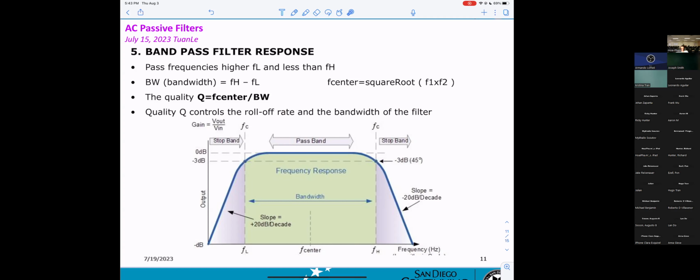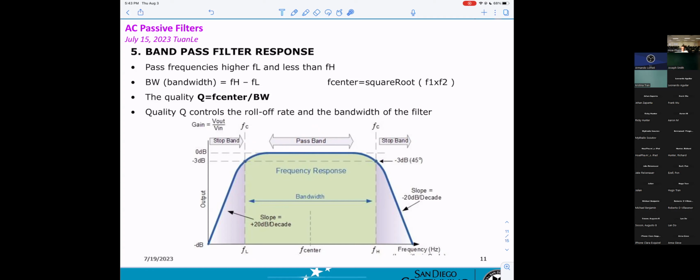Okay. So when you're looking into the response, this is the output of the band pass filter. They only pass the signal higher than the first cutoff and lower than a second cutoff, and that's called a band pass.